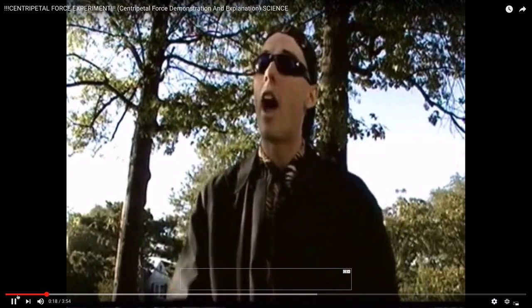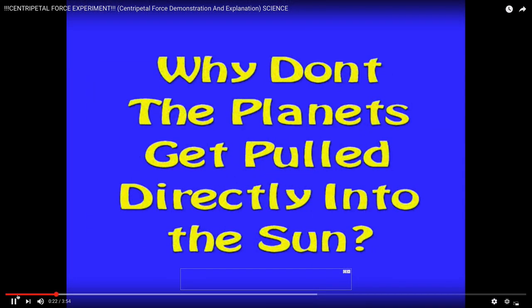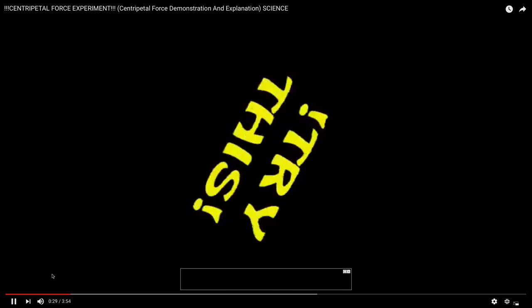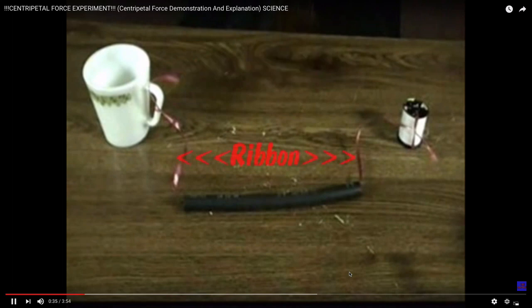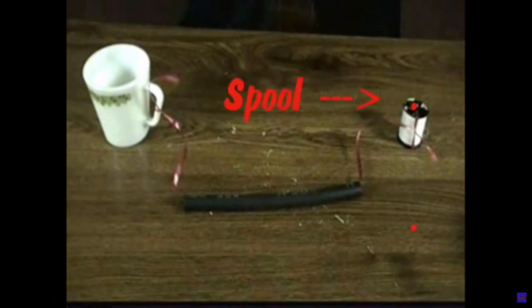And today's science file, it says, why don't the planets get pulled directly into the sun? Well, that's a wicked awesome question. Try this. You will need a mug, some ribbon, a plastic tube, and a spool.